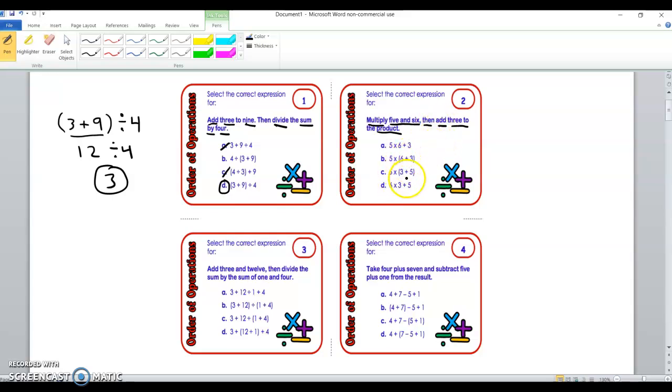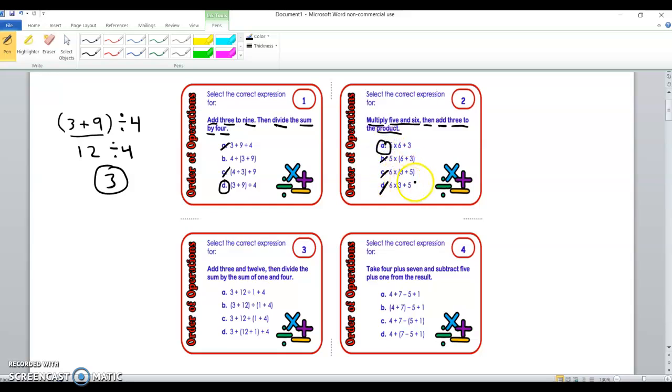These parentheses aren't necessary because this would imply that we're adding 6 and 3 first, then multiplying by 5, or adding 3 and 5, then multiplying by 6. But we want to multiply 5 and 6. This one is not multiplying 5 and 6, so that's not it. And these are addition first, so that's obviously not it.